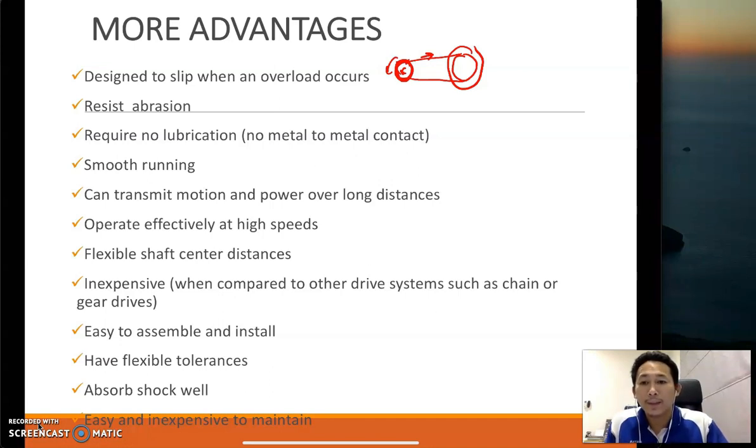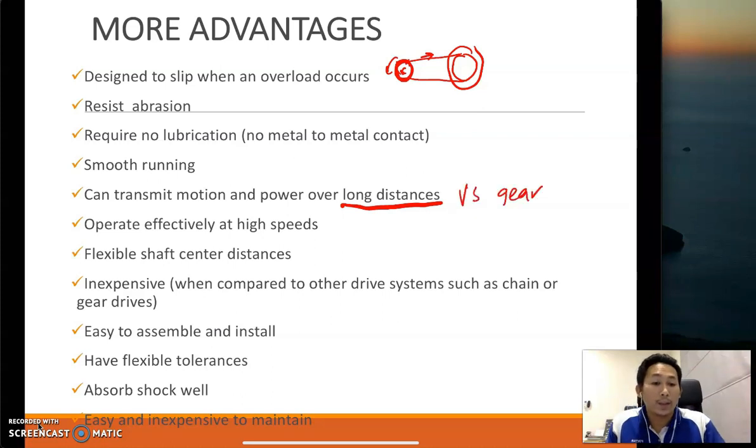They resist abrasion and require no lubrication because there is no metal-to-metal contact. With smooth running, they can transmit motion and power over long distances. Long distance means very long. They operate effectively, versus the gear.